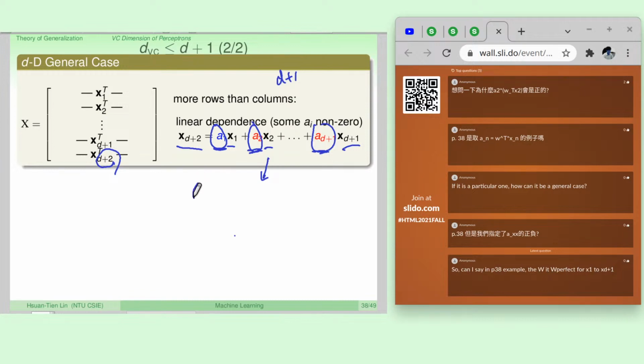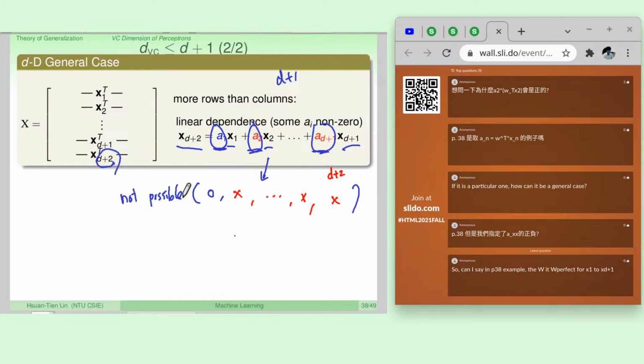In this particular case, the dichotomy is circle, cross, and so on. The last one is cross. And the very last one, that's d plus 2, I'm going to name it to be the cross. I'm going to claim that this is not possible.